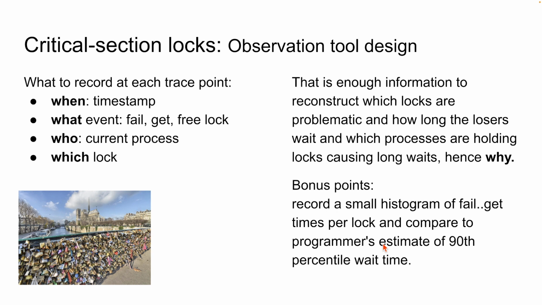If you ask programmers when they declare a lock to put in some number of microseconds of how long they think the lock's going to take to get, in the not absolute worst case, but the 90th percentile slow case, and you then record a histogram and calculate the actual 90th percentile now and then, you get to find places where the programmer's estimate of how long a lock is held is way off by 1 or 2 orders of magnitude. But there's a lot of learning there, both for programmers and for redesigning the locking structure at that point if the estimate is for a contended lock that's actually causing performance problems.